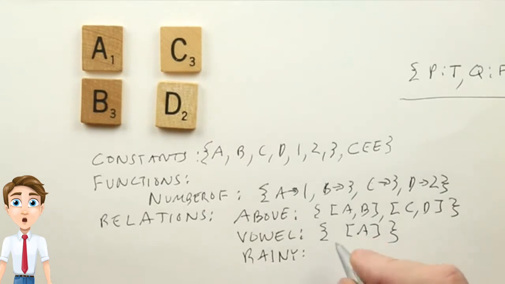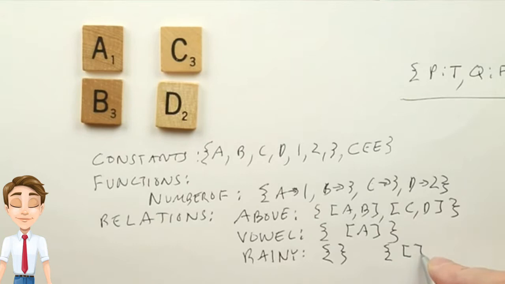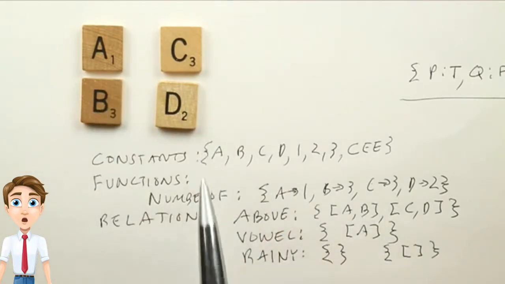Then, since it's not rainy today, we represent that as the empty set. There's no tuples corresponding to that relation. Or, if it was rainy, we could say that it's represented by a singleton set, and since the arity of rainy is 0, there'd be 0 elements in each one of those tuples. So that's what a model in first-order logic looks like.